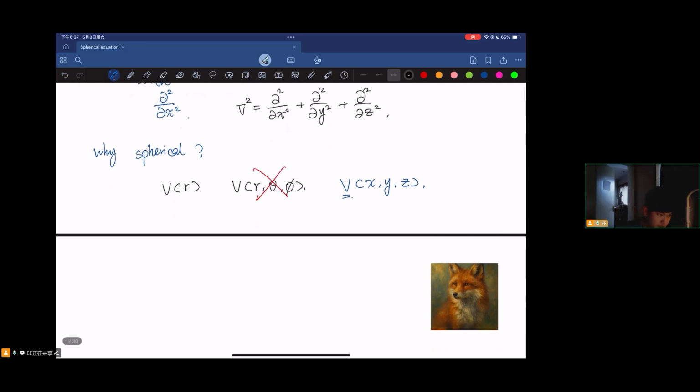So let's write down the spherical Schrodinger's equation. Here I'm just copying the textbook, plugging the spherical Laplacian into the Schrodinger's equation.